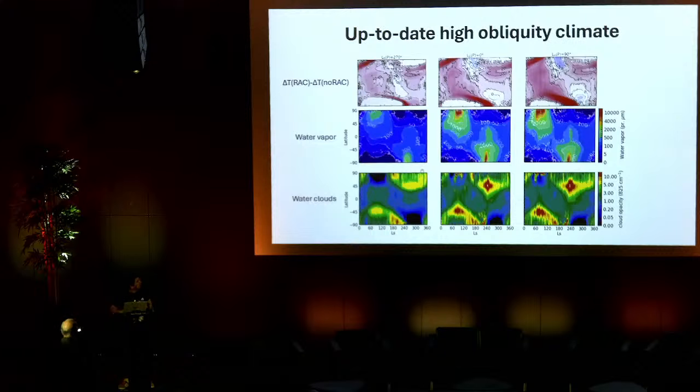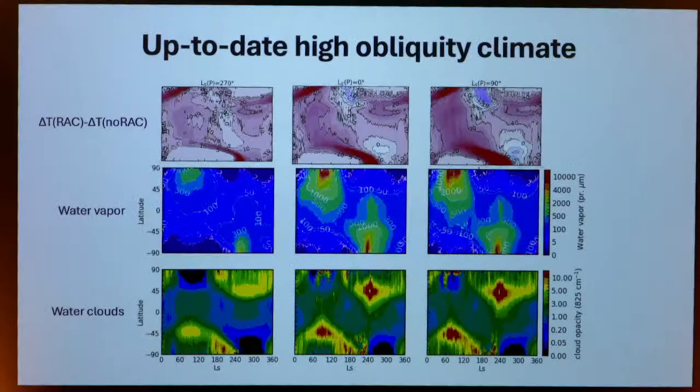That's very true. If I go back to this slide where I showed the high obliquity water cycle, I emphasize that the northern sublimation event is the most important to derive the global water cycle. And here you see that in this region where the perihelion is synchronized with the sublimation event, the gap that we observed and that we were happy to get with the improved microphysics is still here.